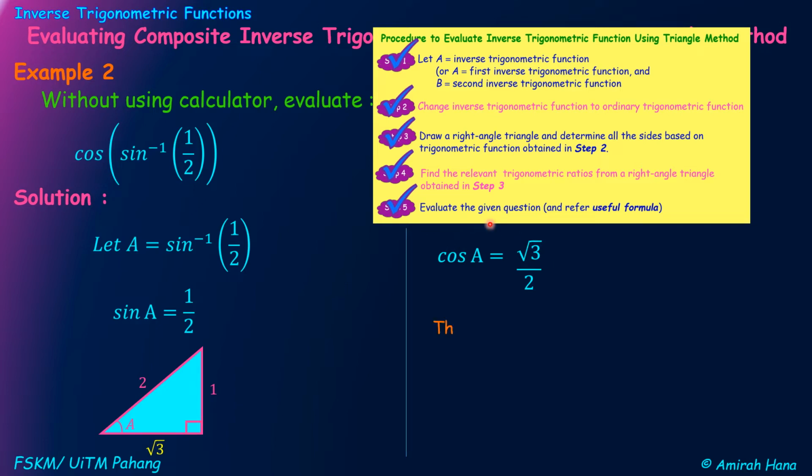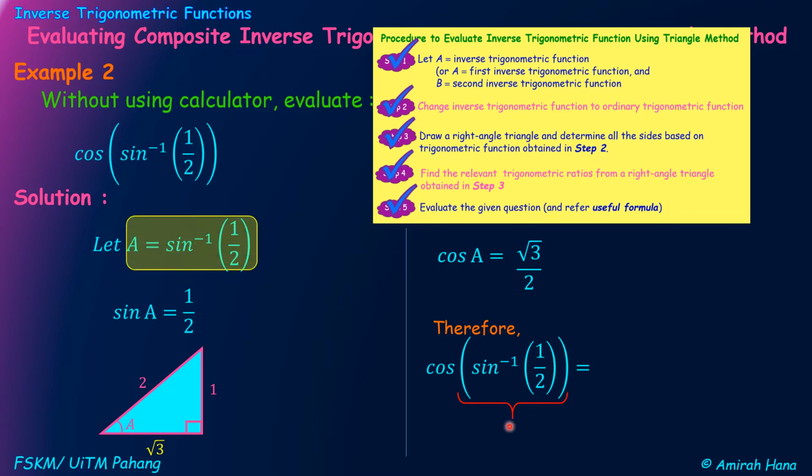Evaluate the given question. The given question is cos inverse sine half. From step 1, we let the inverse trigo function equal A, so now we have cos A. Our cos A equals root 3 over 2 from the relevant trigo ratio that we found in step 4 just now.